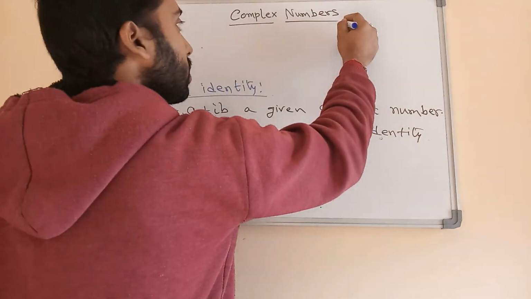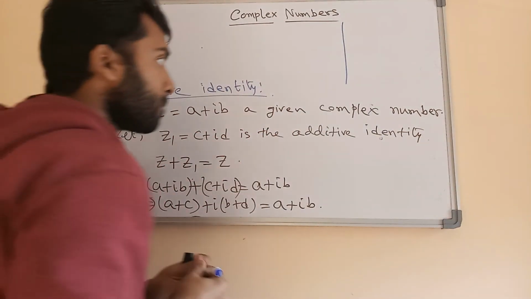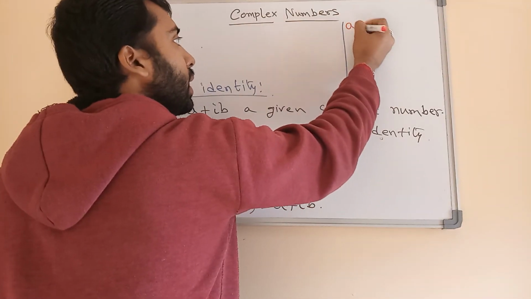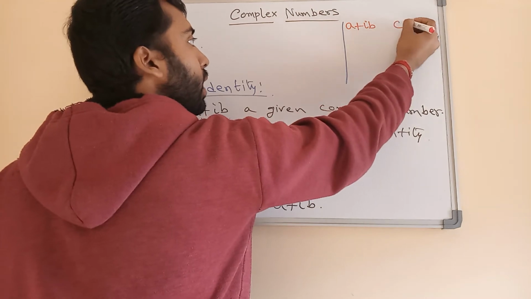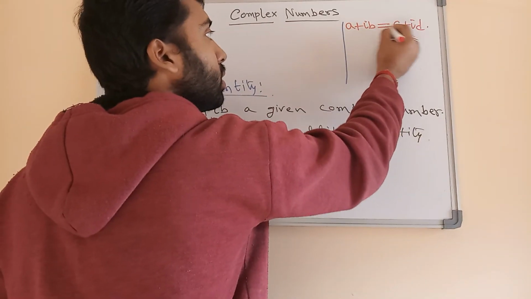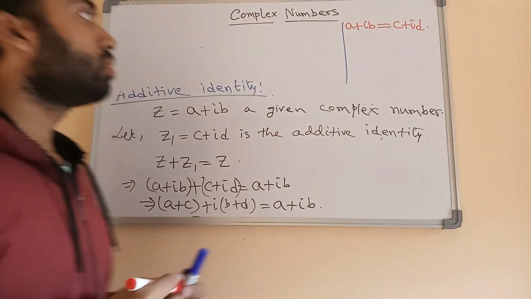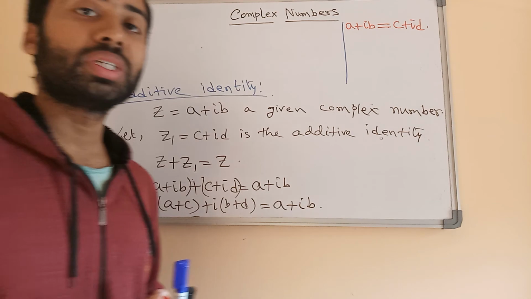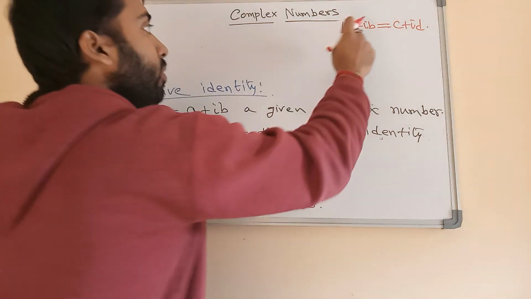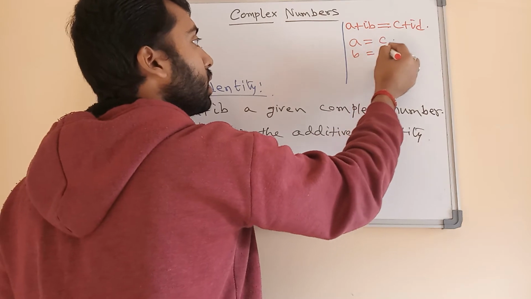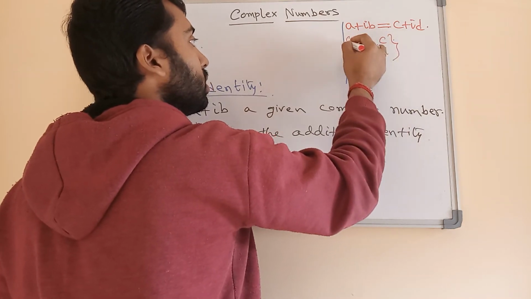Suppose I have two complex numbers, a plus ib and c plus id, and these two are given equal. So when can we say that two complex numbers z1 and z2 are equal? If their real parts are equal and their imaginary parts are equal.